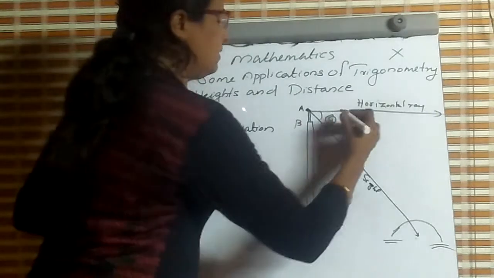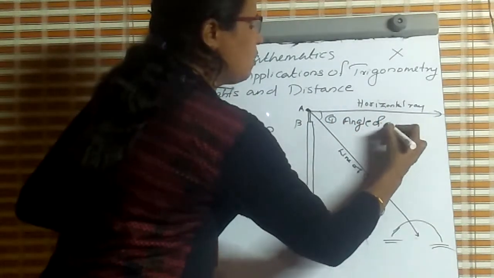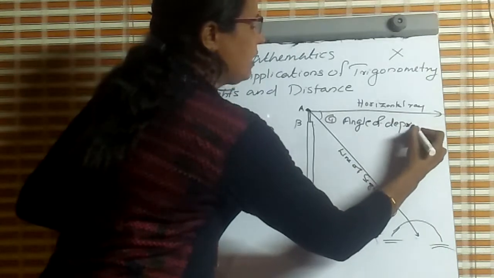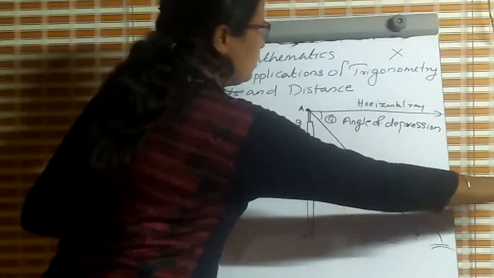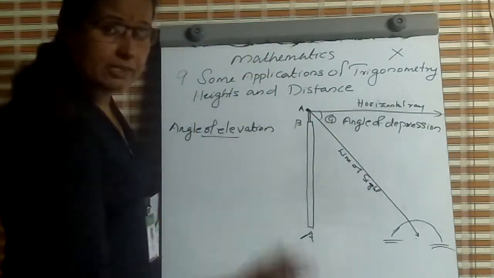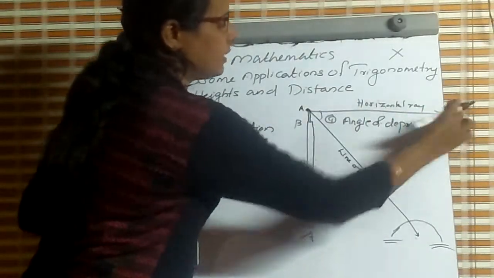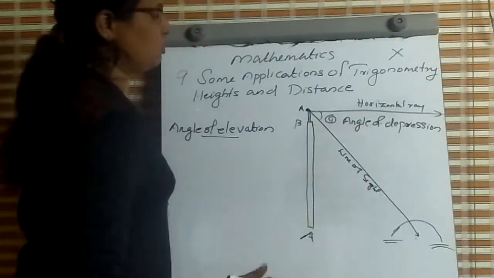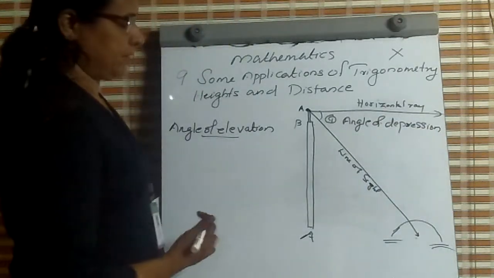This angle is called angle of depression. Angle of depression is the angle made by the horizontal ray and the line of sight when the object viewed is below the horizontal ray. Horizontal ray is this, object is below horizontal ray. So in this case the angle is angle of depression.